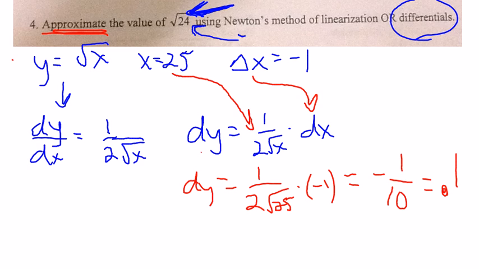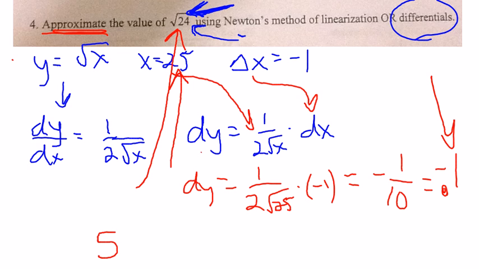So what that tells me is that the square root of 24, based on this, is 0.1 less, or our approximation is that it's 0.1 less than the square root of 25. So I take the square root of the 25, which is 5, and then I add the dy, which is negative 0.1.